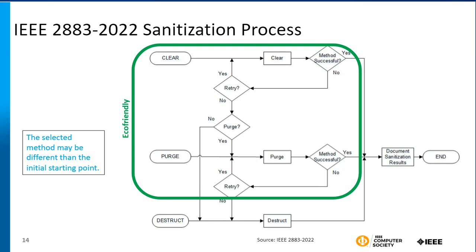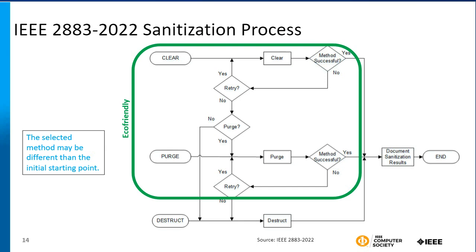And then the 2883 standard will walk you through the process, because it may turn out as you try to use specific clear techniques that they're not working, or they're leaving residual data that's unacceptable. Ultimately you may progress to a purge, and even that may not be adequate, which then may lead you to a destruct mechanism.